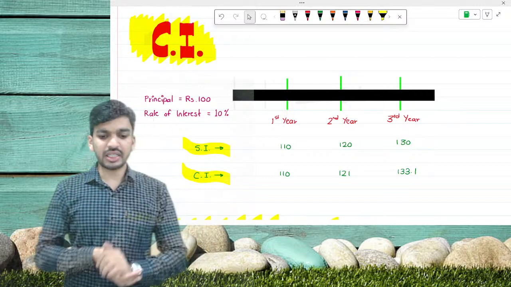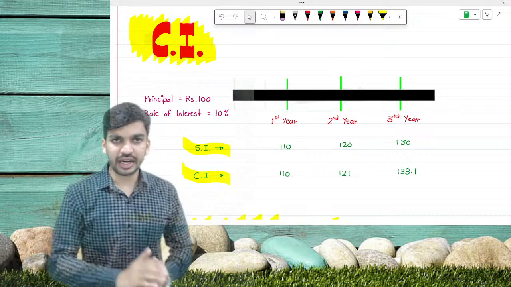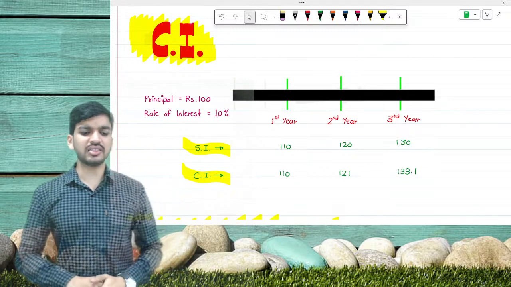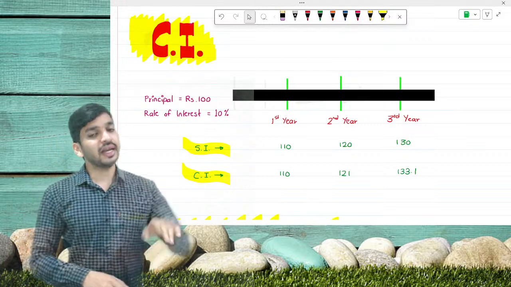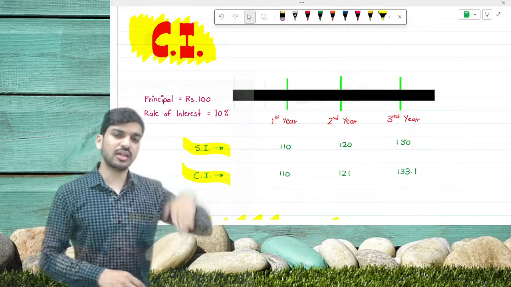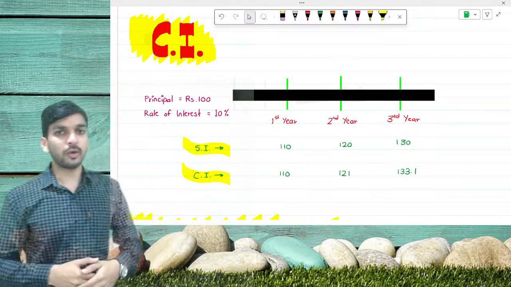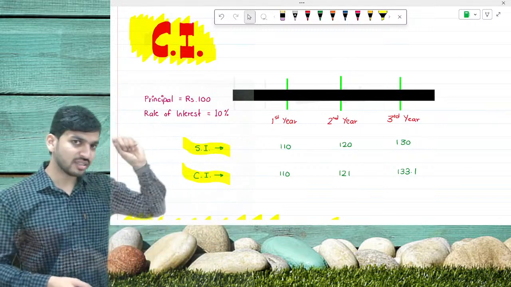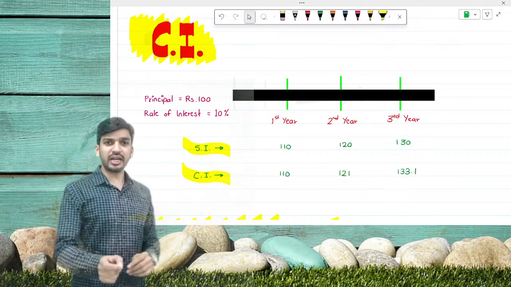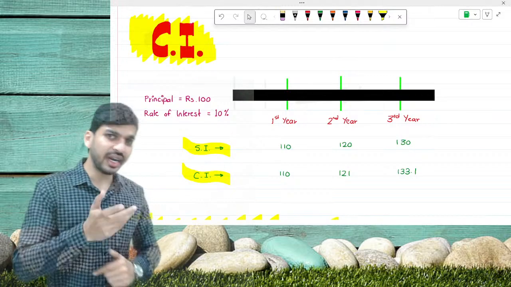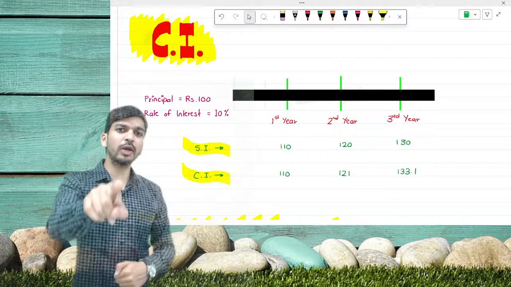If simple interest is on a principal amount of 100 rupees at 10% interest, in the first year we get 10 rupees, next year again 10 rupees, next year again 10 rupees. So at the end of 3 years we get 130 rupees, which we can see on the screen. But in compound interest, if the principal is 100 and the rate of interest is 10%, in the first year we get 10 rupees.